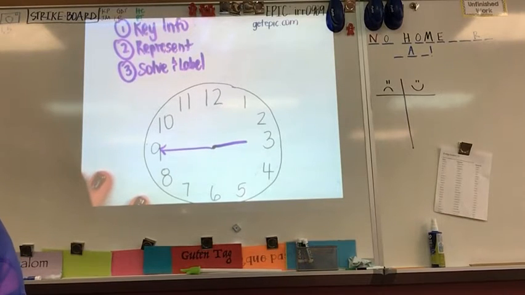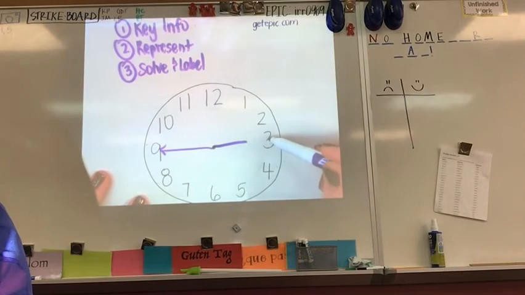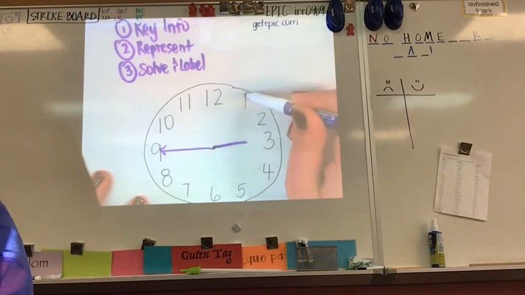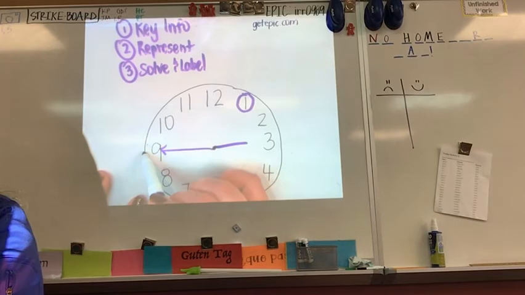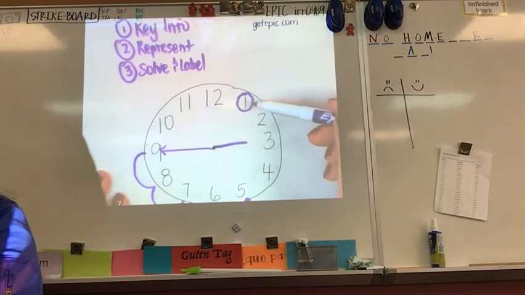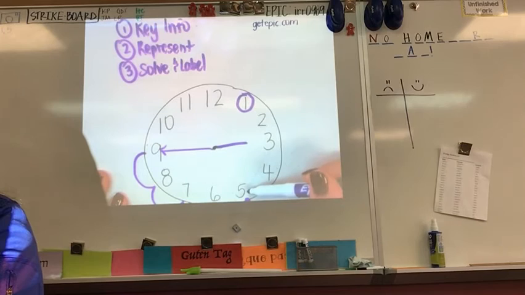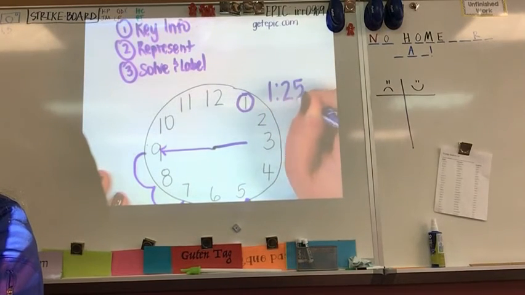And my problem, I marked a subtraction sign, so I'm representing by counting backwards. 2 hours, we're in 1:45 now. And 20 minutes. So I'm going to go with my minute hand and count back 20. Count with me. 5, 10, 15, 20. My ending time is 1:25. So I have solved it.